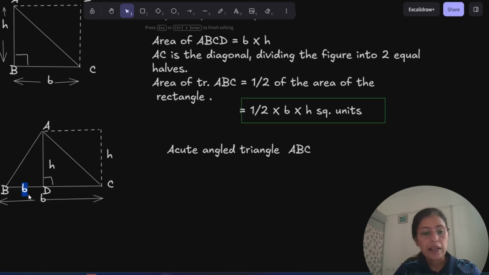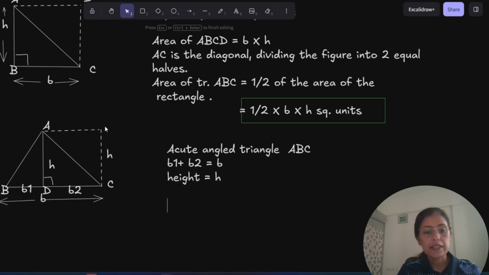And I'll say that this BD is of length B1 and this is of length B2. So B1 plus B2 is equal to B. Okay. And height is H.